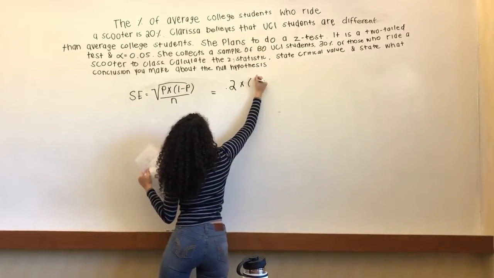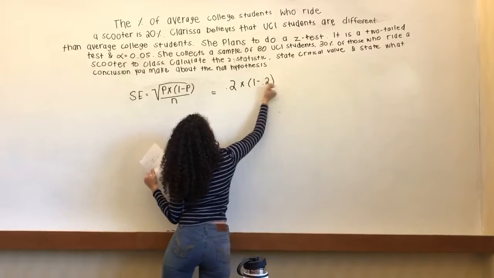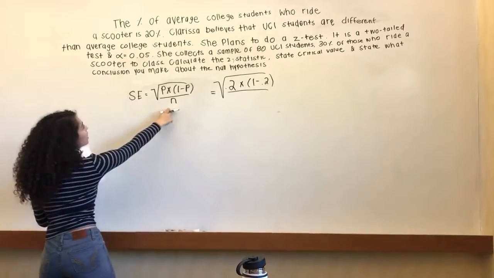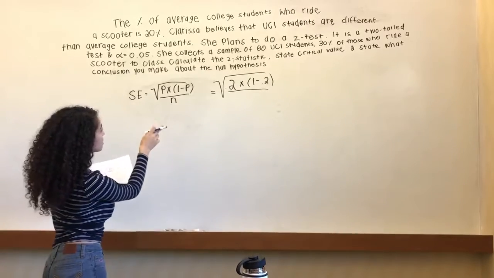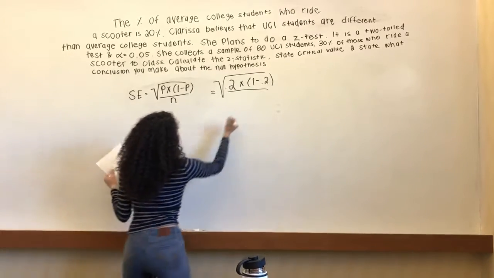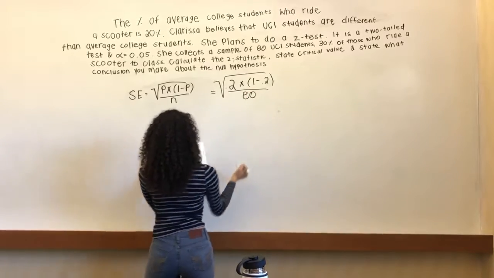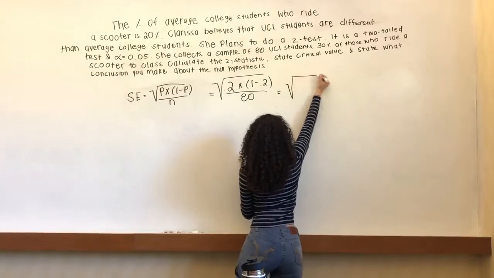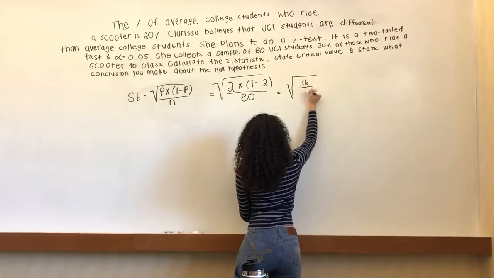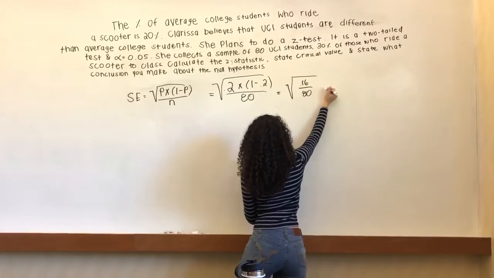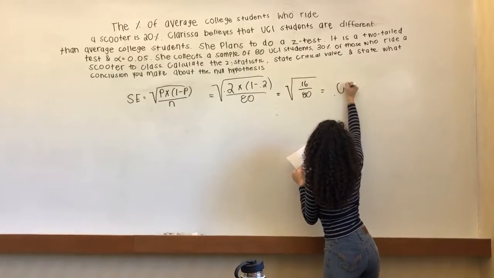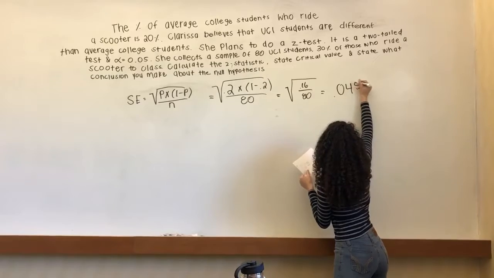Plug it in, 1 minus 0.2, square root, and the n is going to be the total of UCI students, which is 80. So the standard error is going to equal 0.045.